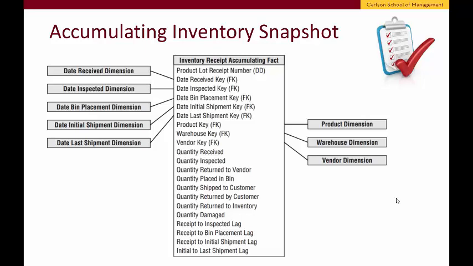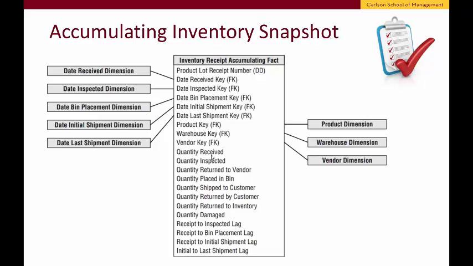The product, warehouse, and vendor keys are repeatedly inserted into the table rows as a particular product is first received from a particular vendor in a receiving area of a particular warehouse. Quantity received right here is likely the only measurement recorded at this initial beginning pipeline event.